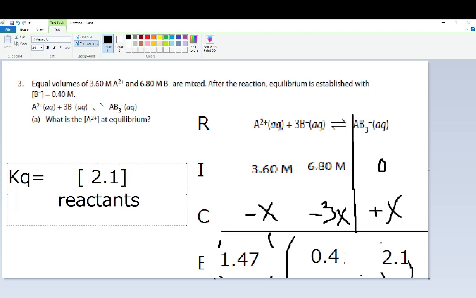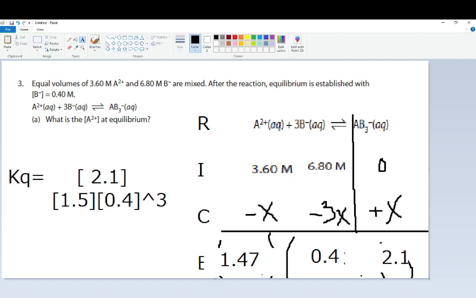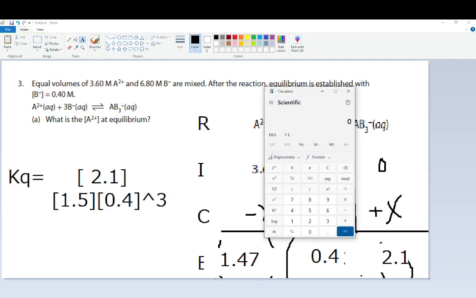And then we have to look at the reactants. The A has a coefficient of 1, so it's 1.5 to the power of 1. And the B minus of 0.4 has a coefficient of 3, so it's a power of 3. So when we do this in our calculator, make sure you put brackets when you're dividing. Treat the denominator as a bracket.